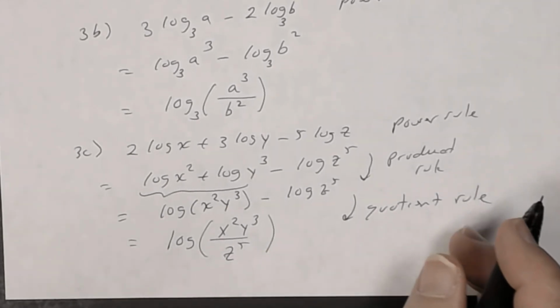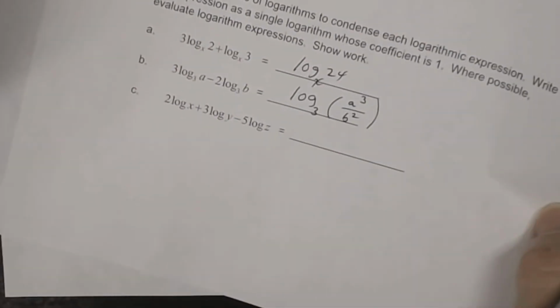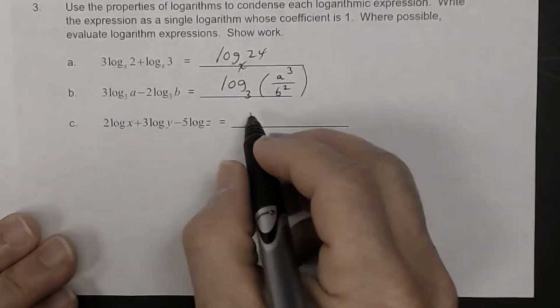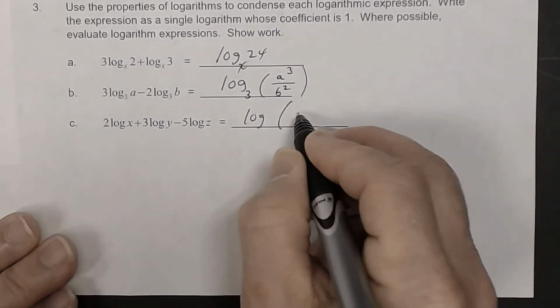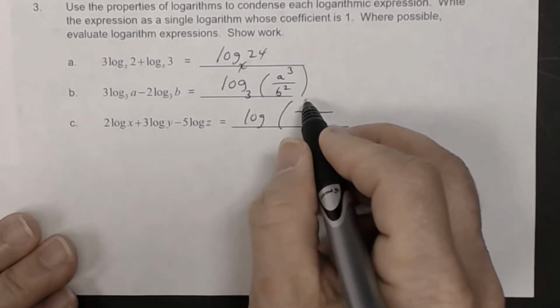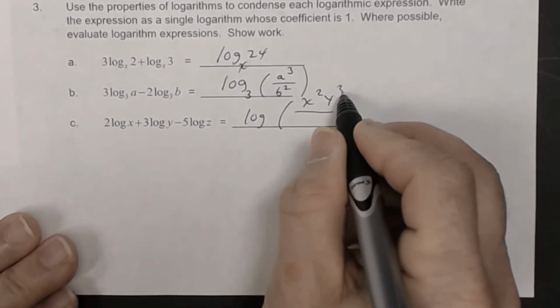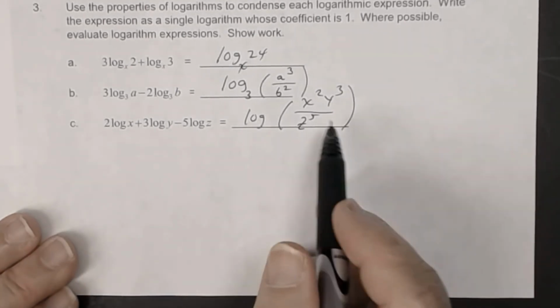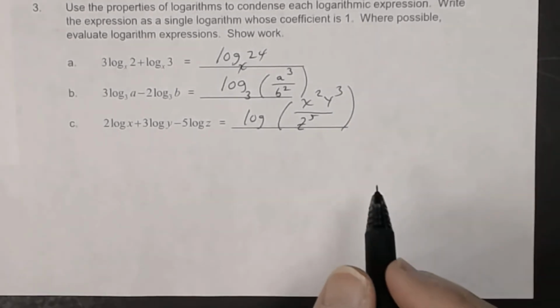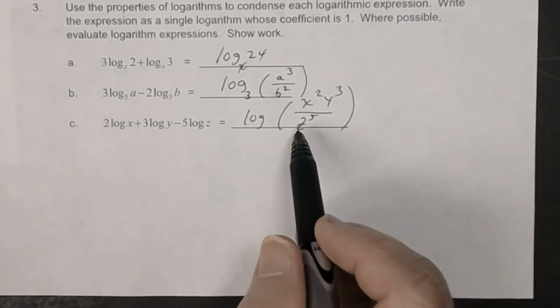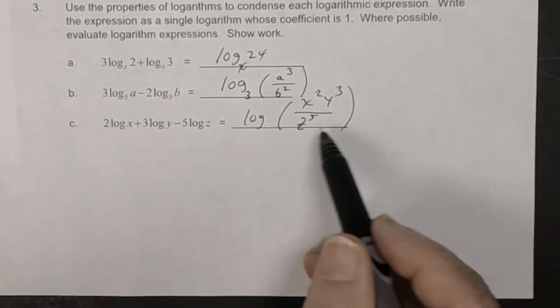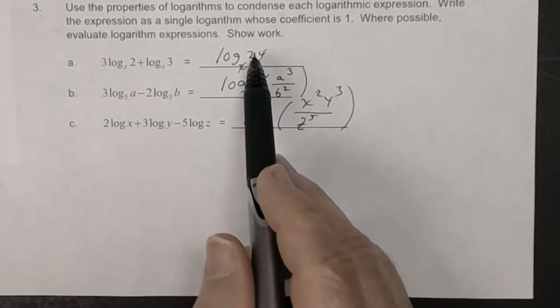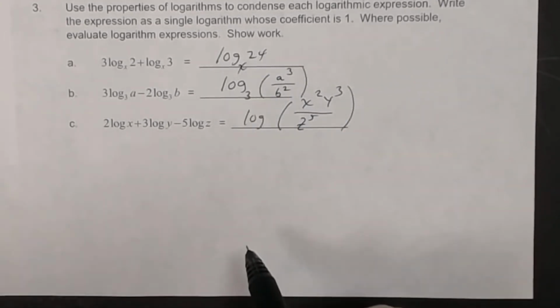All right, so that's the answer to 3C. The answer is log of, the numerator is x squared y cubed, the denominator is z to the fifth. And don't forget, it helps if you put that in parentheses. You didn't have to, but you've got to be careful how you write it. So I would just go ahead and put these in parentheses. I didn't need that in parentheses because it's just a number.